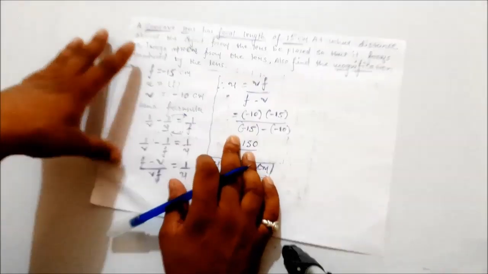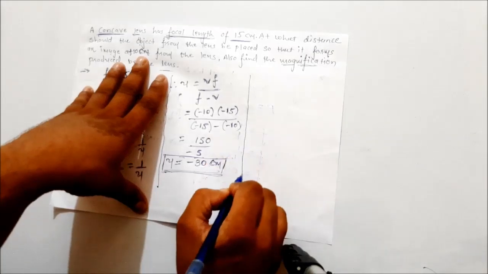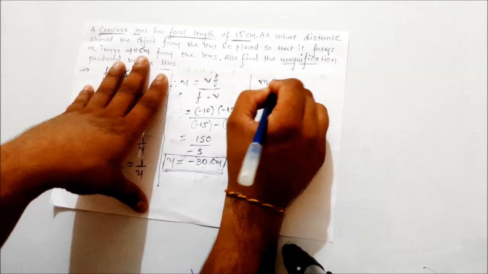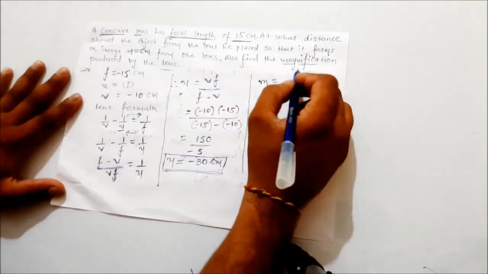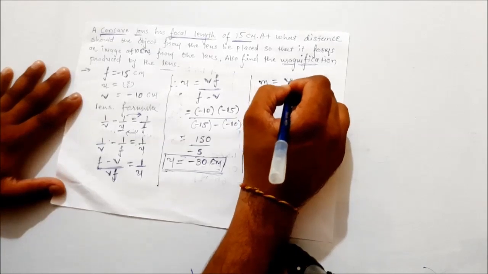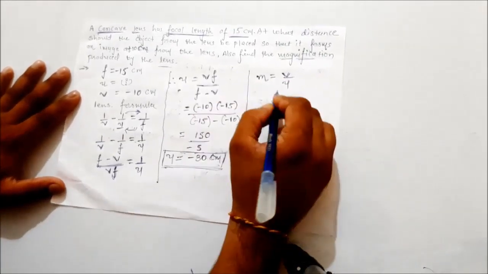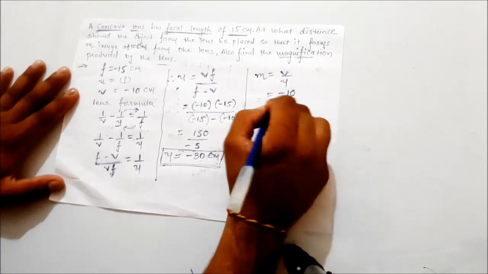The second thing which we have to find in the sum is magnification. For a mirror we have minus v by u. For a lens we will have only v upon u. The value of v is minus 10 centimeter.